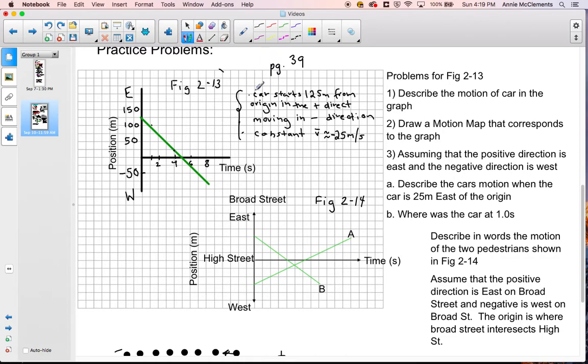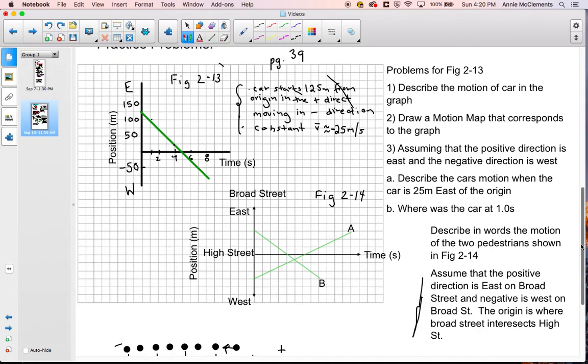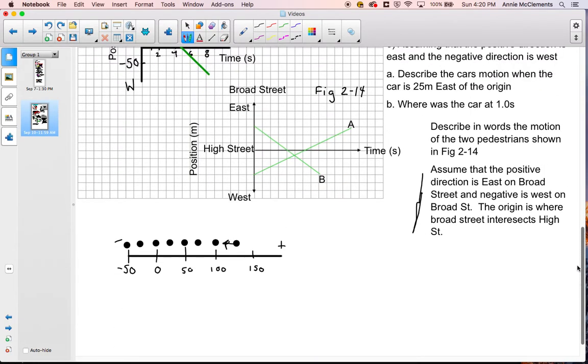So again, why don't you pause your video, take a second to check out this question down over here, figure 2.4, again on page 39 of your book. This is the question that we're going to be looking at. Oh, hold on. There is no question. Oh, yes, there is.